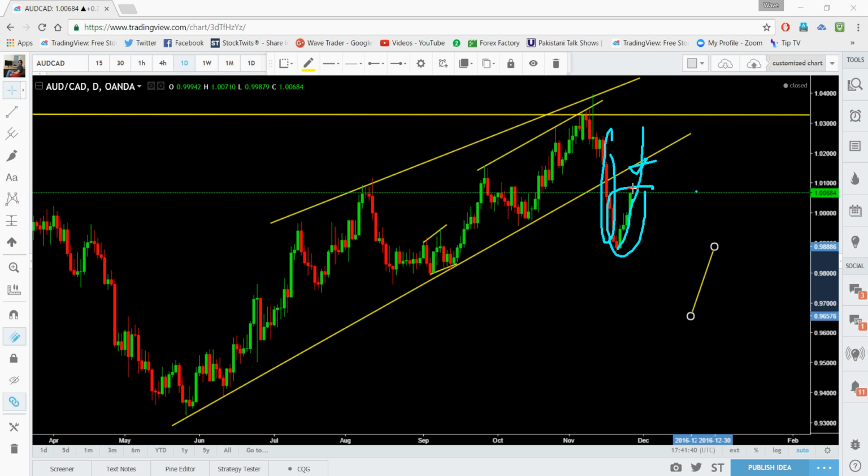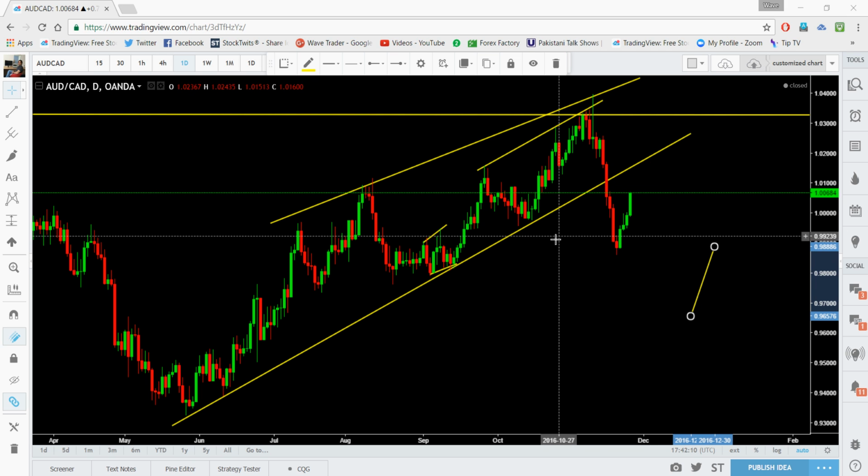So wait for the price to reach up to this level, and if price holds this trend line and does not break to the upside, then you can sell and you can place your stop loss within this structure, or further upside for a much safer stop loss, and you can look for the downside. Okay, so no early entry. Keep waiting until you see a sign or indication to get into the market.